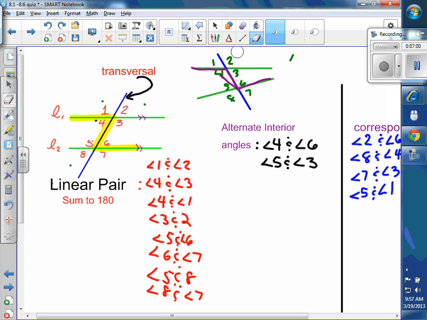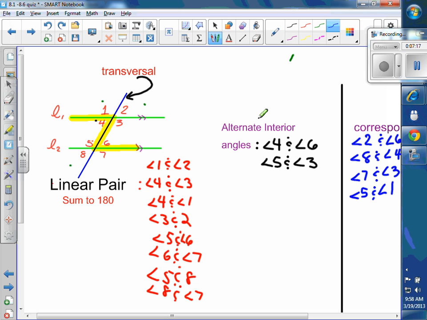Would 2 and 8 be an alternate exterior angle? 2 and 8 would be an alternate exterior angle. You're focusing on parallel lines today, so maybe that's the note you want to write: alternate interior angles are equal when the lines are parallel, right?